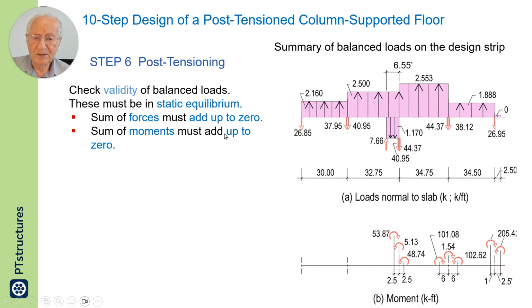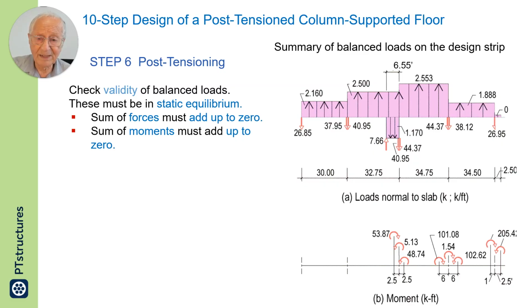Sum of moments must add up to 0. If I take moments anywhere of this on the top and this on the bottom added together, when you take moments, you have to consider both of them. The sum of moments must be 0. If this is not satisfied, it means we've made a mistake or we've disregarded something in creation of balanced loads.